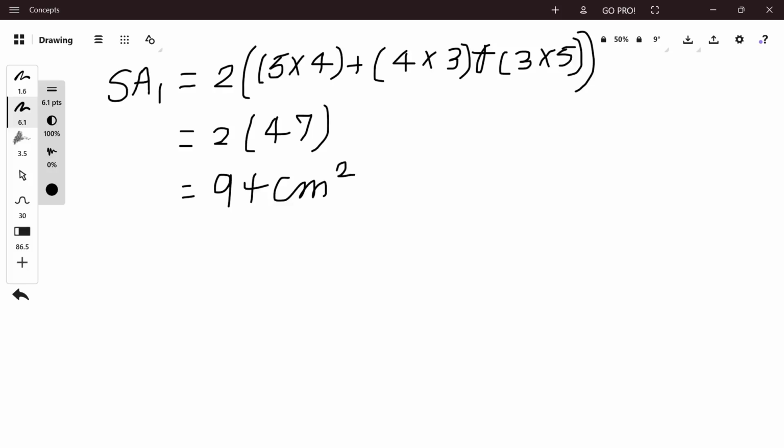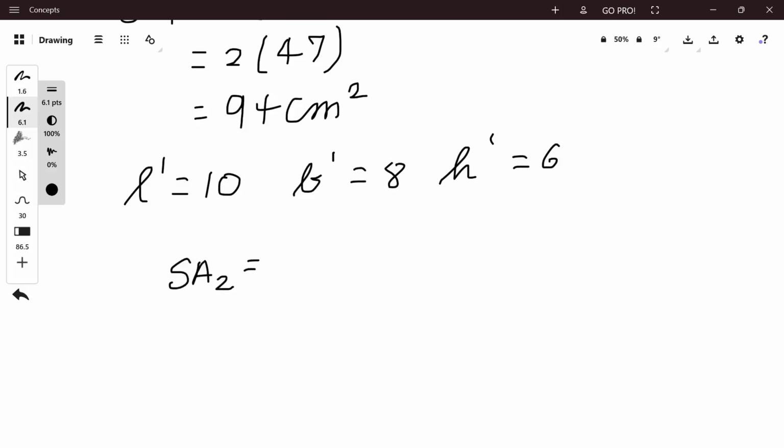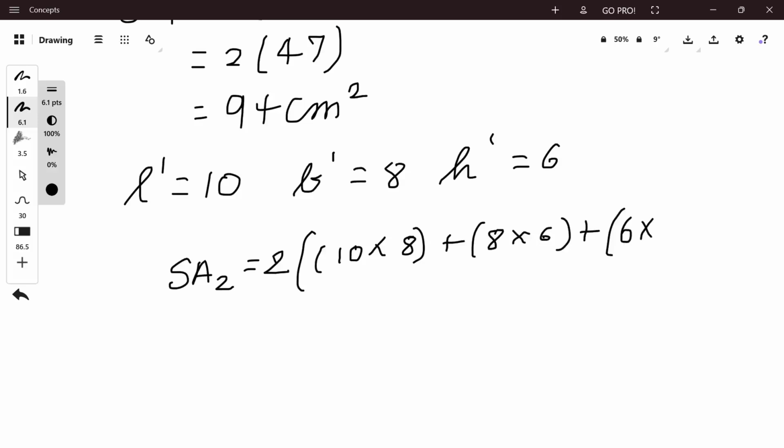The new dimensions are doubled. That is L dash is equal to 10, B dash is equal to 8, and H dash is equal to 6. So SA2 is equal to 2 times 10 into 8 plus 8 into 6 plus 6 into 10.